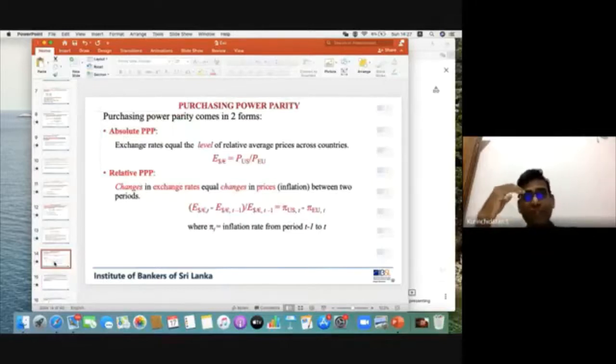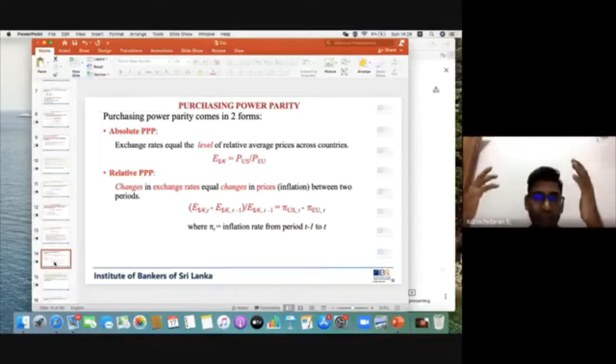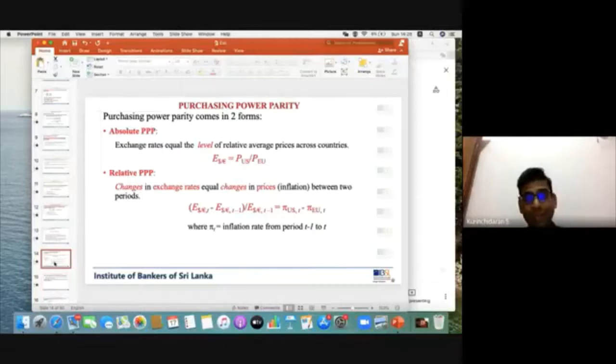If you check in an empirical way, you take the historical data of price level of US and price level of EU, and see whether it equates the exchange rate, there's very little empirical evidence. It differs country to country anyway.